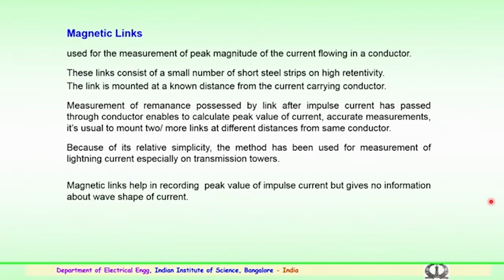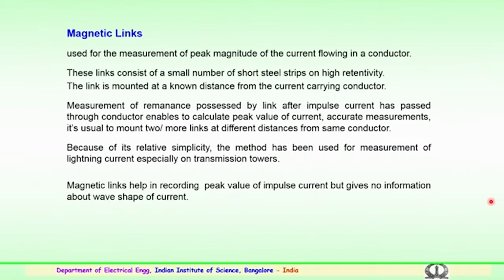The measurement of the remanence possessed by the link after the impulse current has passed through the conductor enables calculation of the peak value of current. For accurate measurements, it is usual to mount 2 or more links at different distances from the same current carrying conductor.